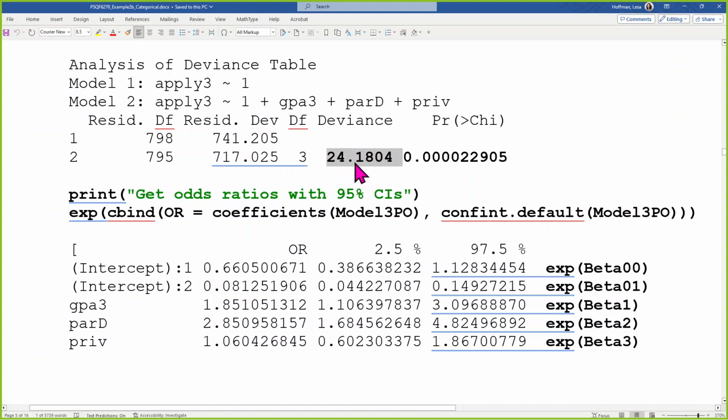And then relative to a chi-square distribution with 3 degrees of freedom, this is the exact p-value. The chi-square distribution has an expected value equal to its degrees of freedom, if memory serves. So this should be like 3 if it were not helping. It's 24. So which model is better?